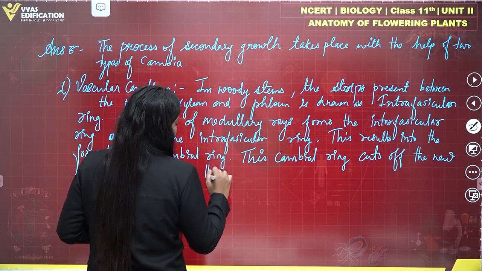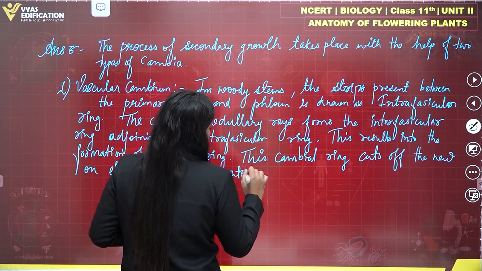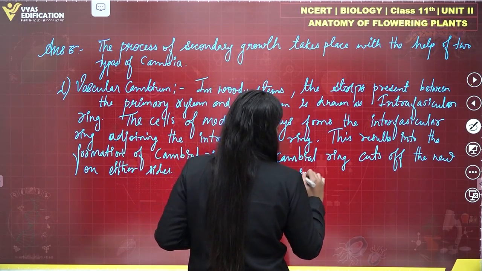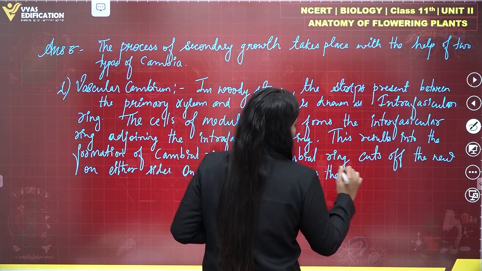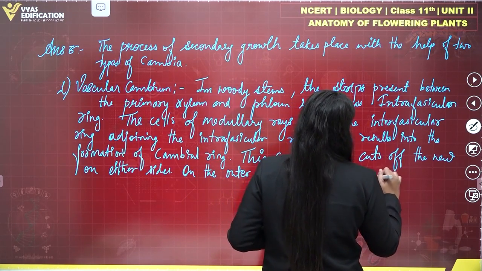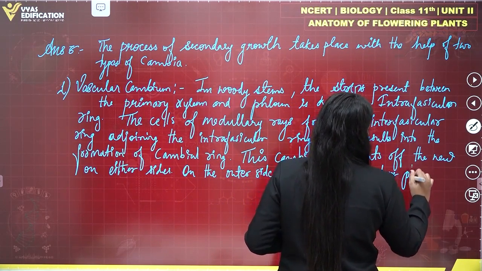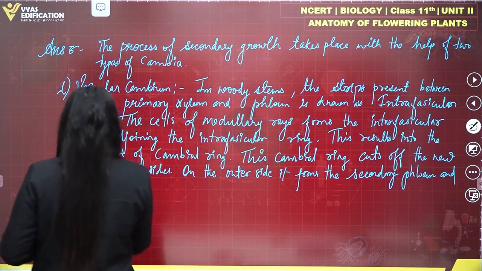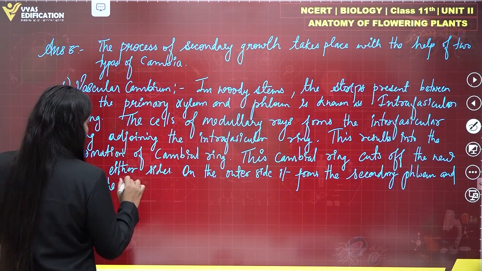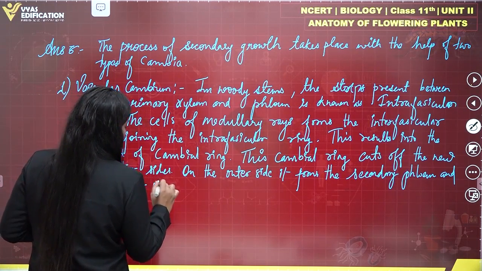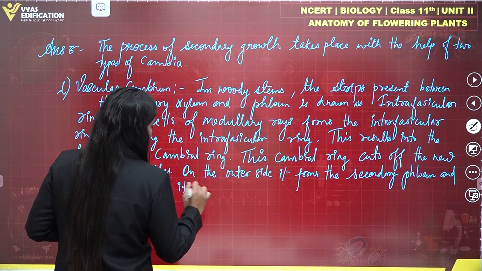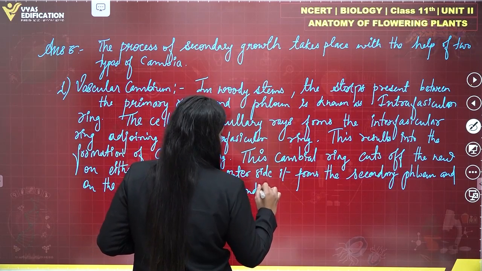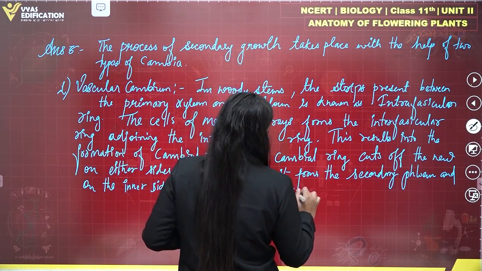On the outer side, it forms the secondary phloem, and on the inner side, it forms secondary xylem.